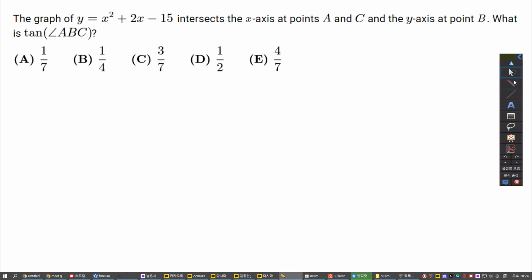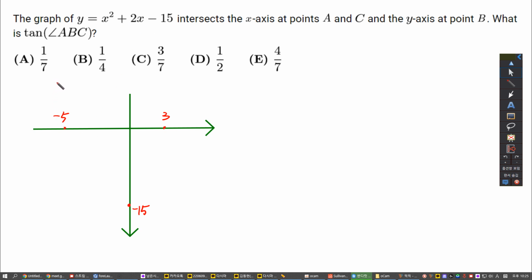Let's make a graph of this. Something like this. Yeah, the x-intercepts are minus 5 and 3.